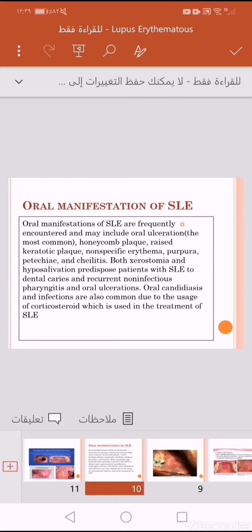Most patients who take this type of drug complain of many infections and are liable to develop oral candidiasis and infections as compared with normal persons who are not taking this type of drug.